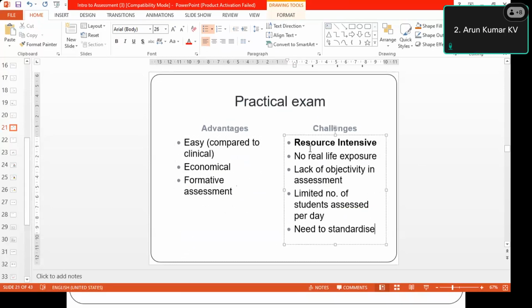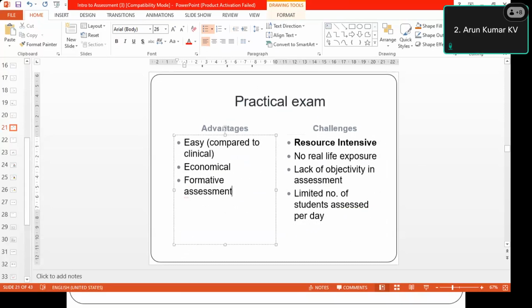Whereas in the other assessment tools, this kind of standardization is generally not required. Like you have to specify these things have to be done, then only we can conduct an exam. Whereas in other forms of assessment like LAQs, SAQs, or Vivas, you need not do that standardization.